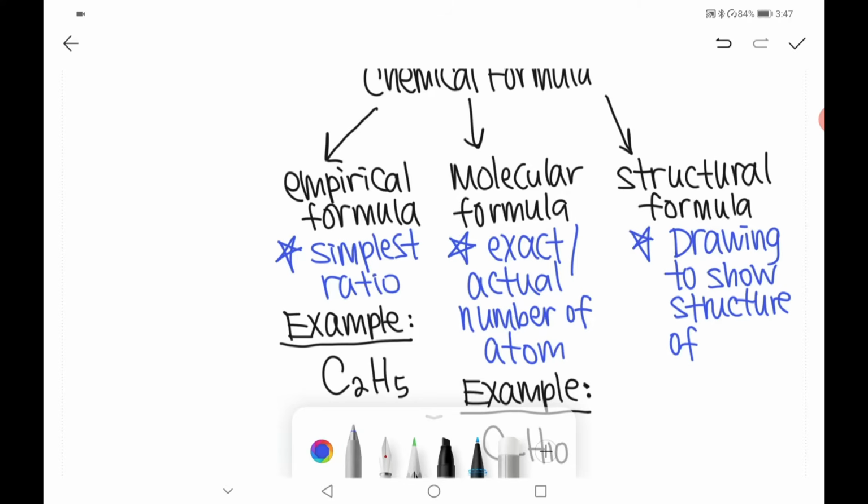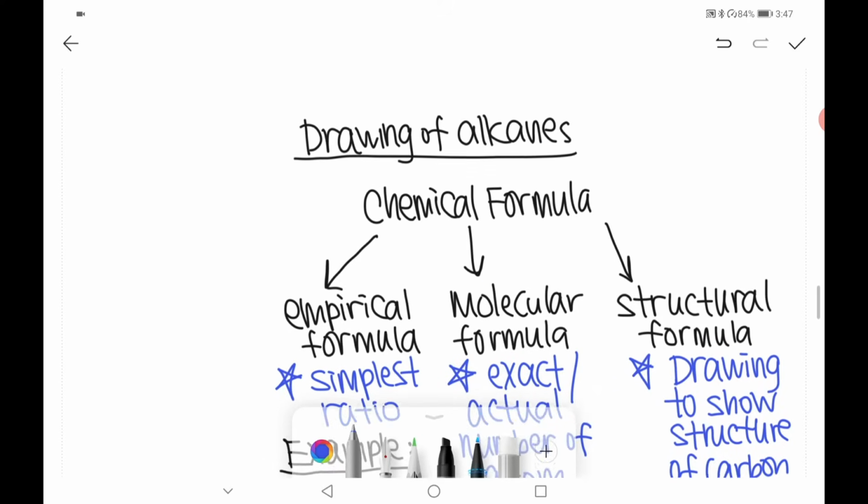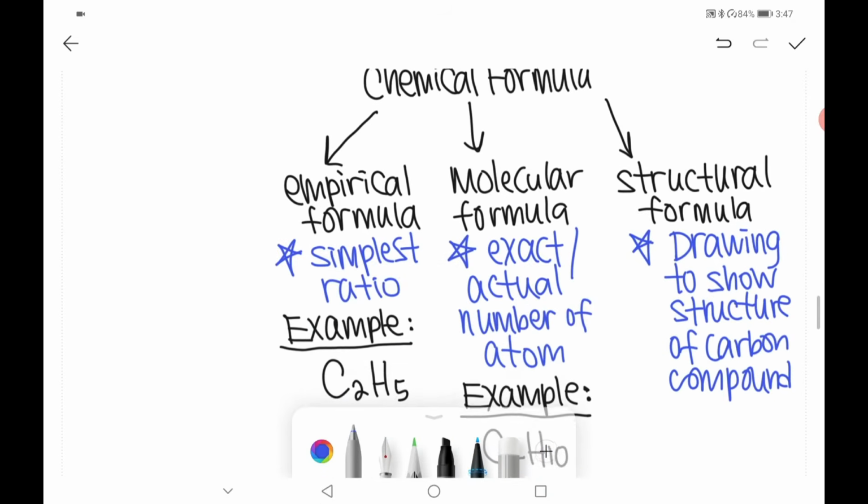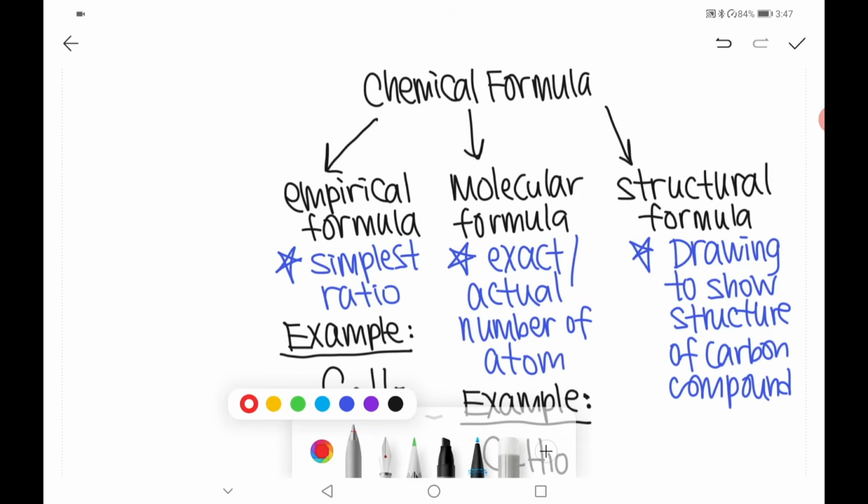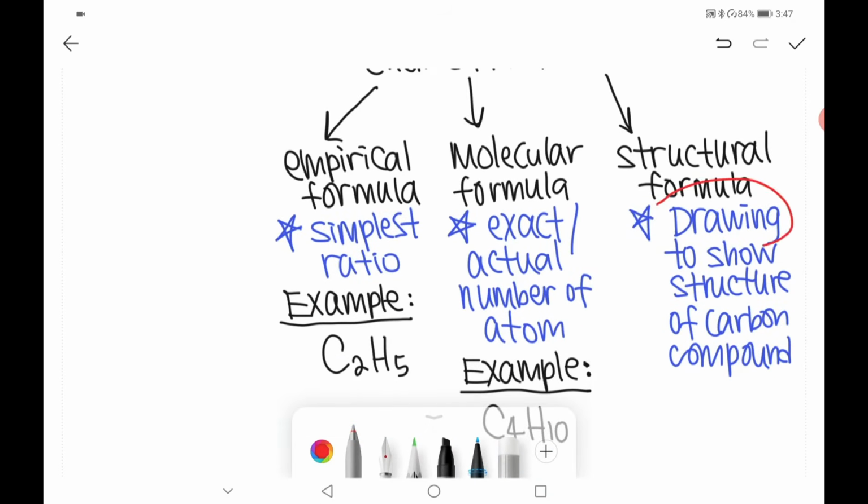When you see structural formula, it's all about a drawing.